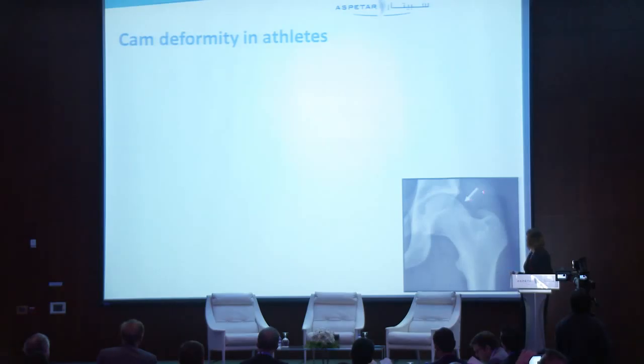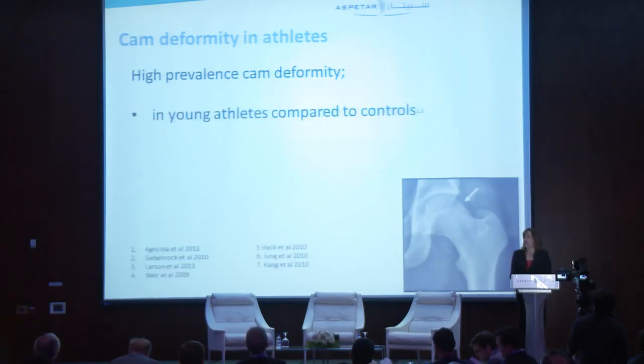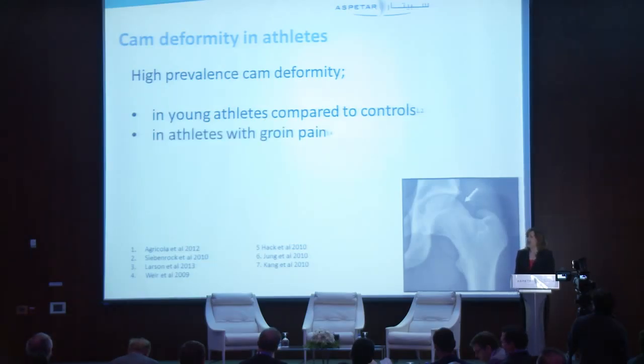So just to remind you, the cam deformity is this bump that forms on the femur, most likely as a result of high impact loading in athletes during adolescence. So what do we know? We know there's a high prevalence of cam deformity in young athletes in comparison to controls, okay? There's also a high prevalence of cam deformity in athletes that have current groin pain.